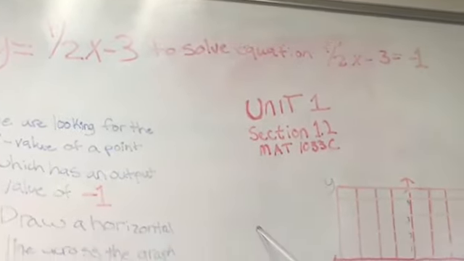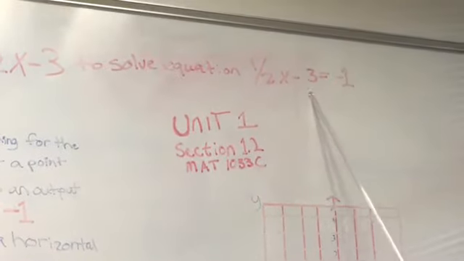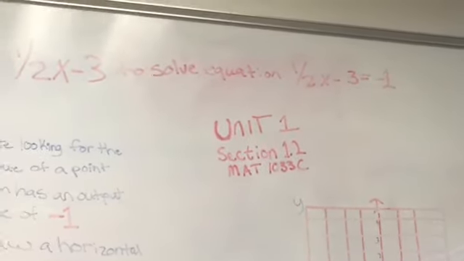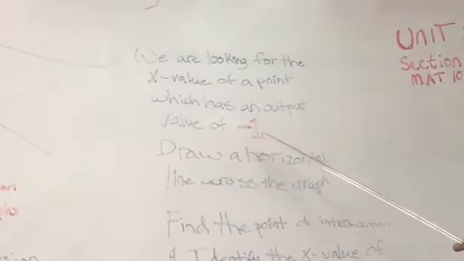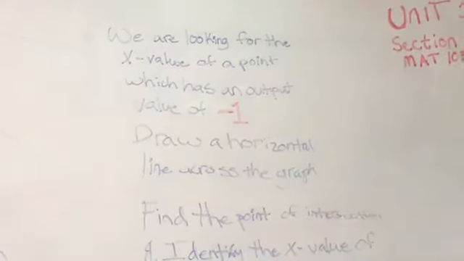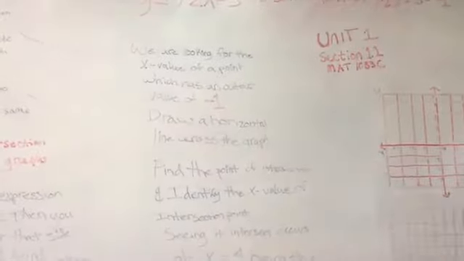Now, since we're going to follow the steps, 1/2 x minus 3 equals -1. We're looking for the x value of a point which has the output value. Since our output value is -1, that will be the output.